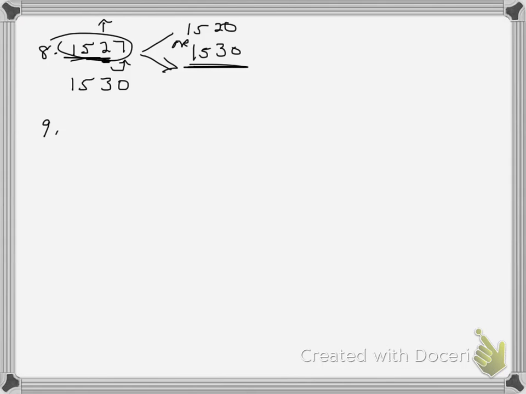Number 9, 7,648. We're asking to round to the nearest hundreds place. So you identify your hundreds place, and again, I'm thinking, is this value closer to 7,600 or 7,700? You're never going down in that place. You're either taking the digit that's there or one up. There's two ways. I could just look at it: 7,648 isn't quite halfway, so it would be this answer.